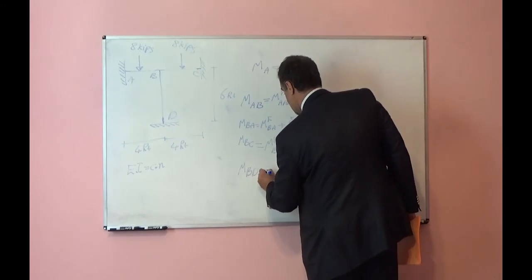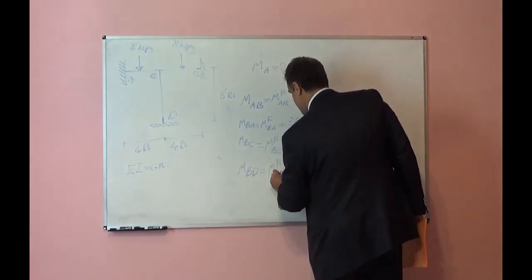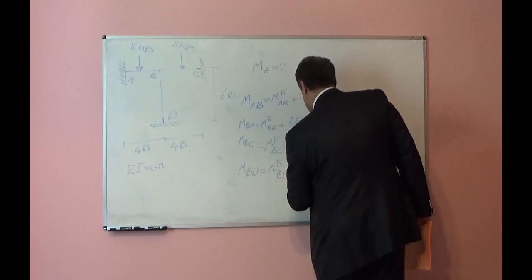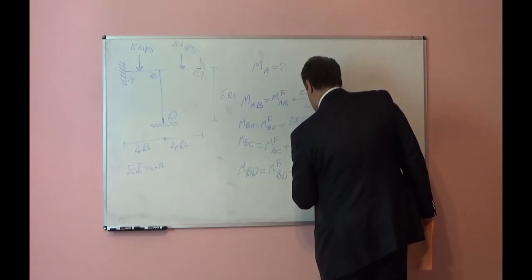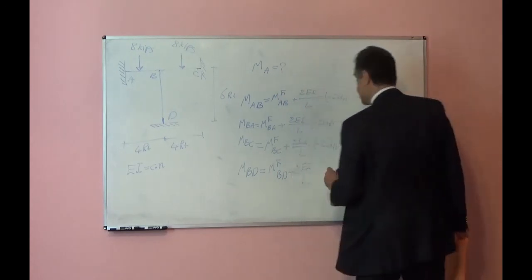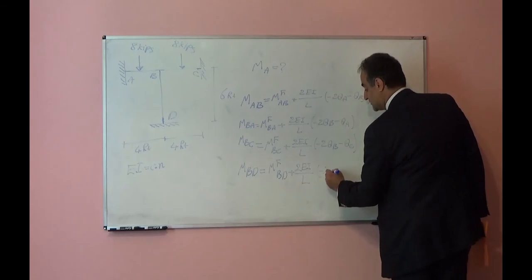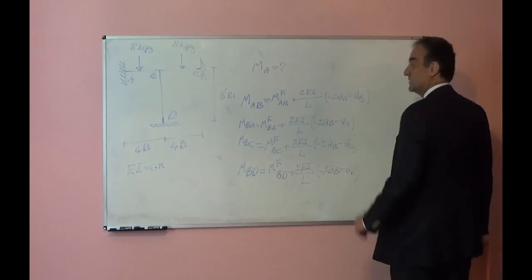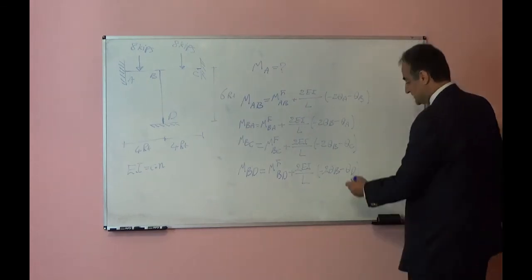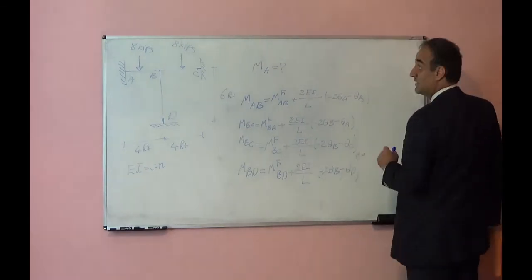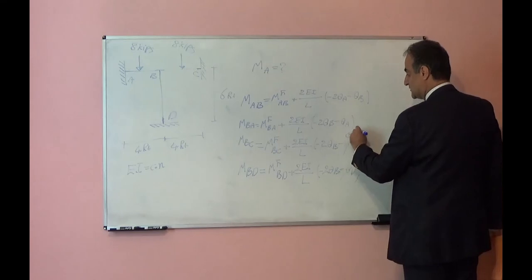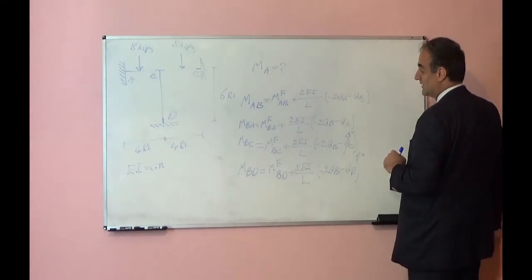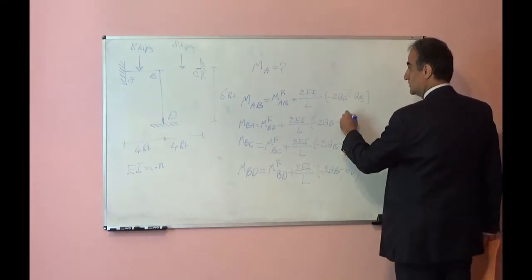MBD will be M fixed BD plus 2EI over L times (2 theta B minus theta D). We know theta D is equal to 0. We know theta C is equal to 0. We know theta A is equal to 0.